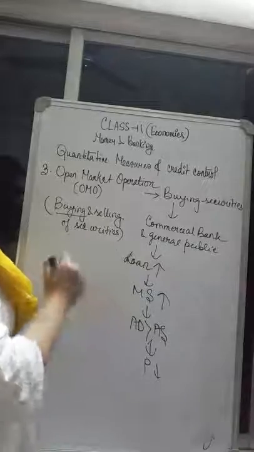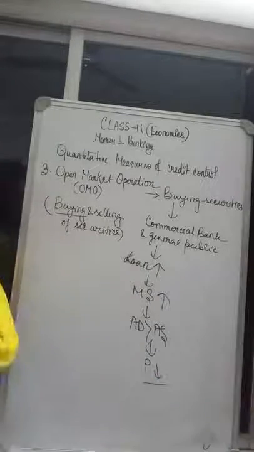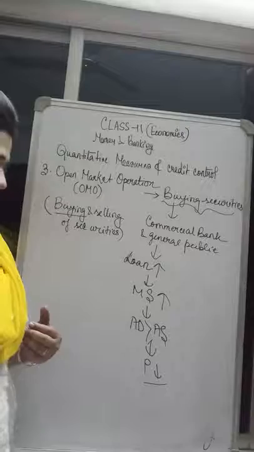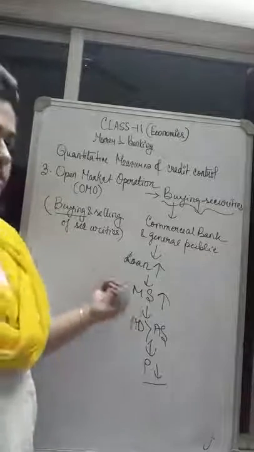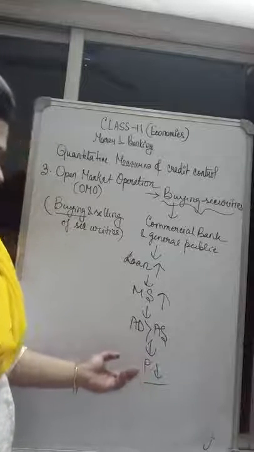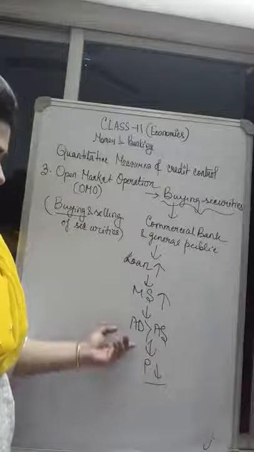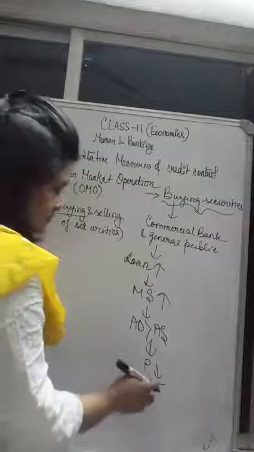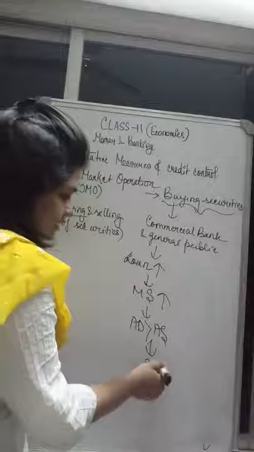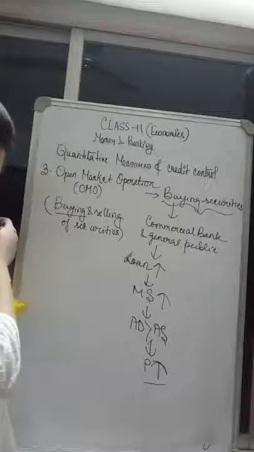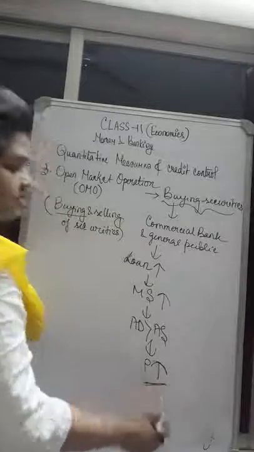So when does central bank engage in buying securities in open market? When it wants people to get more loan, to increase the money supply, to increase the demand, and in order to cut the demand, what is needed? The price drop is needed. That means, when the demand becomes more than the supply, price increases.